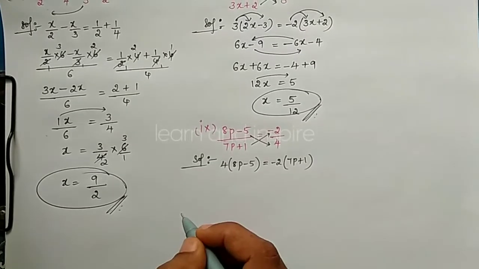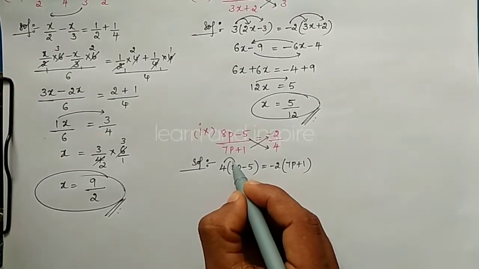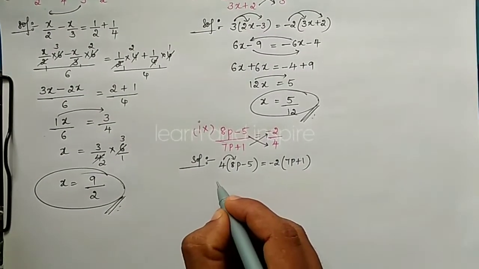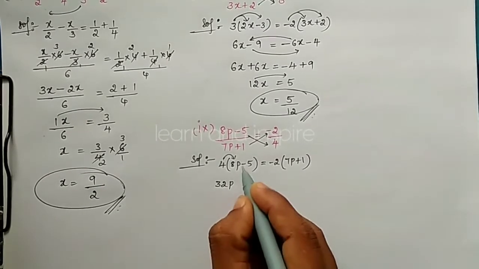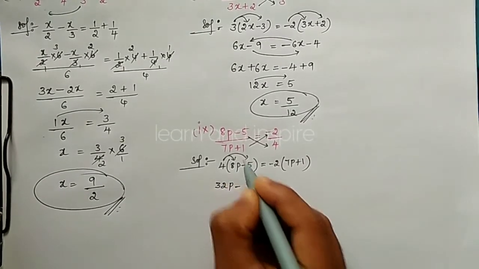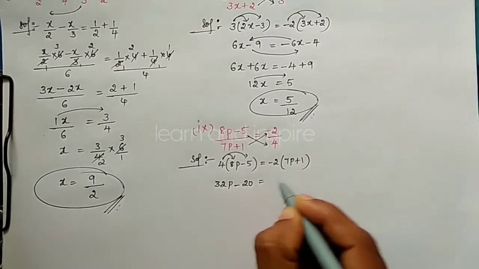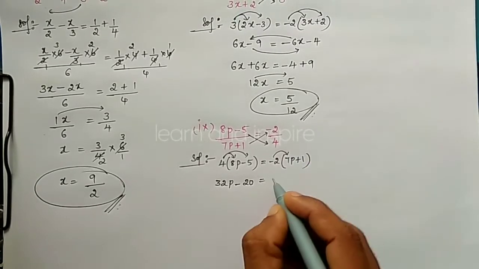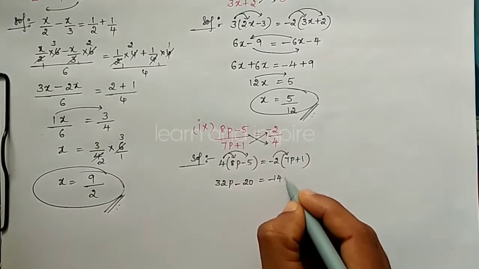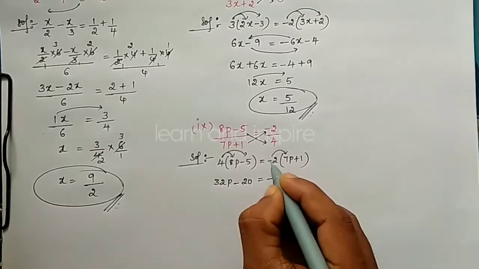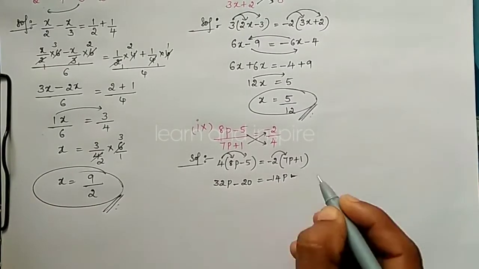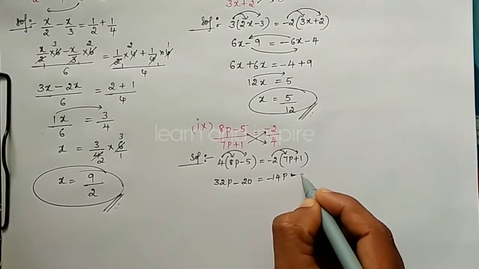So we have to cross multiply. Now multiplying with 4, 4 into 8p is 32p minus 4 5s are 20, which is equals to minus 2 into 7 is minus 14p, minus into plus is minus 2 1s are 2.